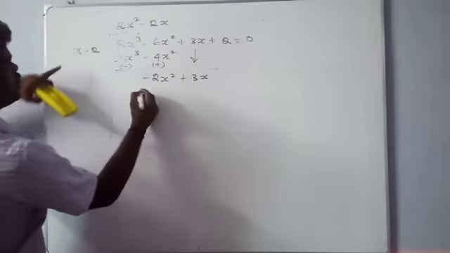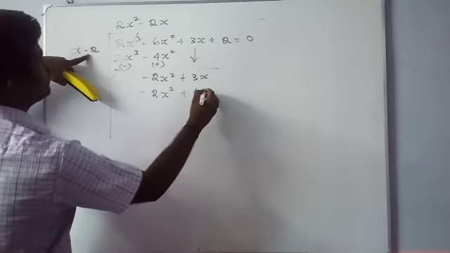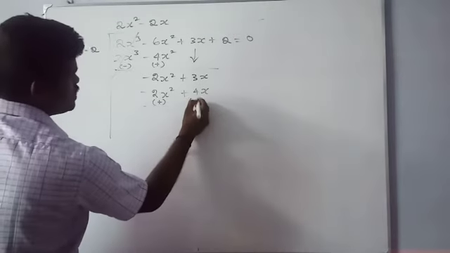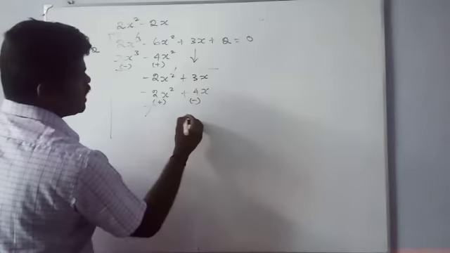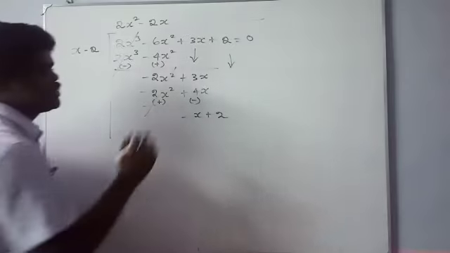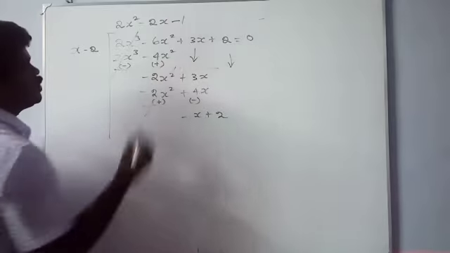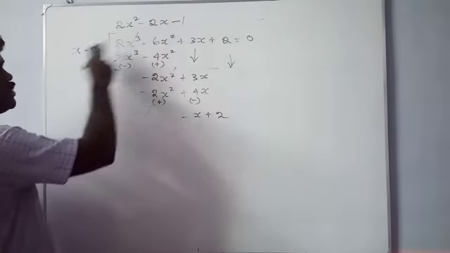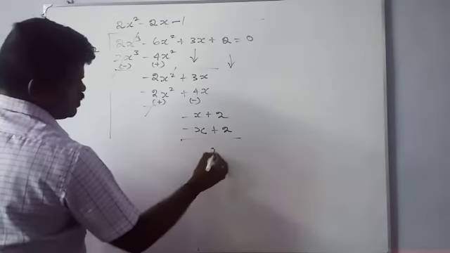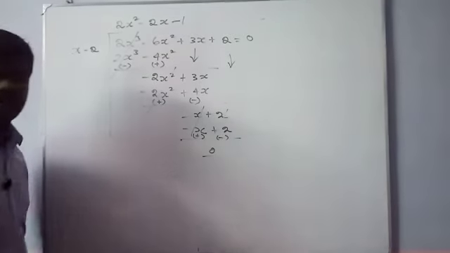Multiply these two terms: minus 2x square and plus 4x. Cancel this one. What is the value? Minus x plus 2. Here minus x and take 2 downwards, plus 2. Here minus x is there, so minus 1. Multiply these two terms by minus 1: minus x plus 2. So totally this is 0 because this is plus and this is minus.